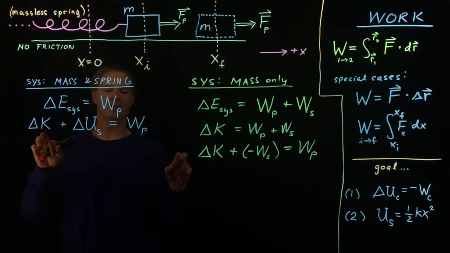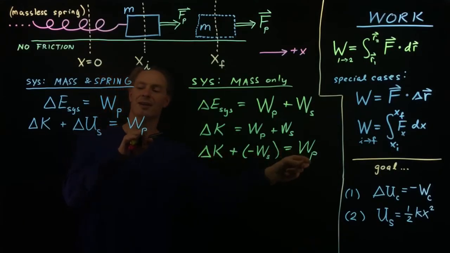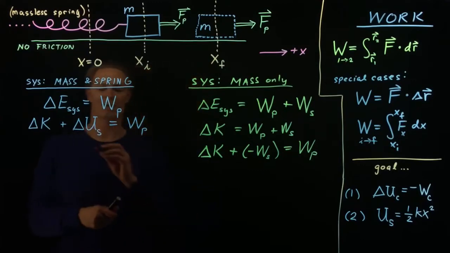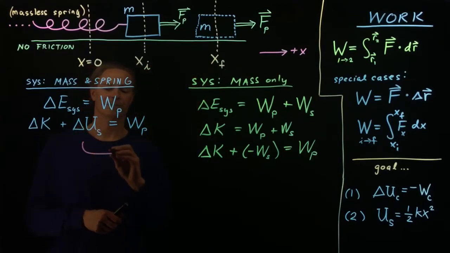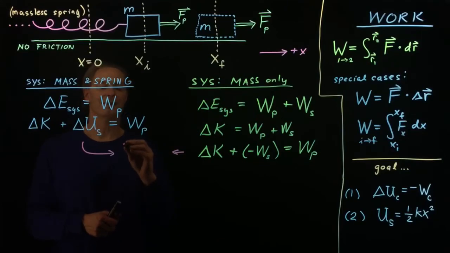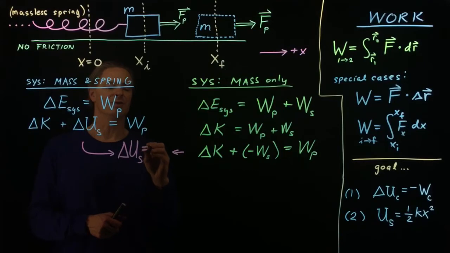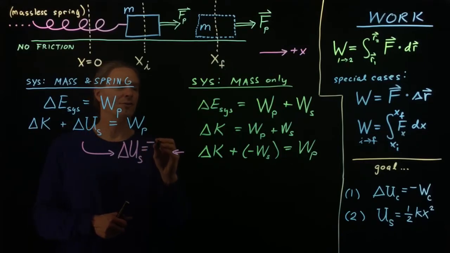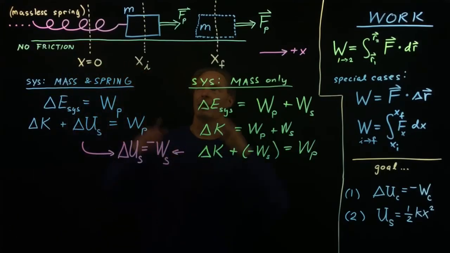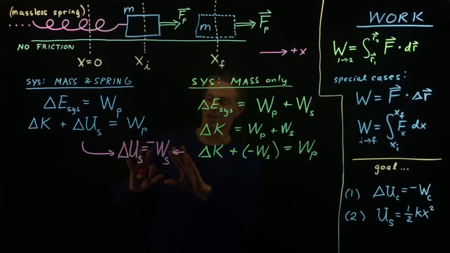If this is equal to this and this is equal to this, then this has to be equal to this. So when we put these equations together, we get that the change in spring potential energy is equal to the negative of the work done by the spring force.